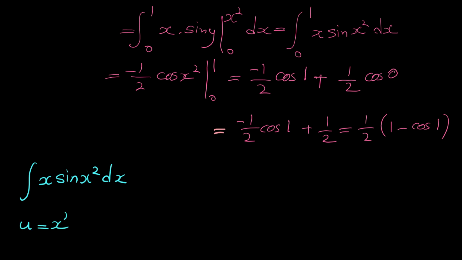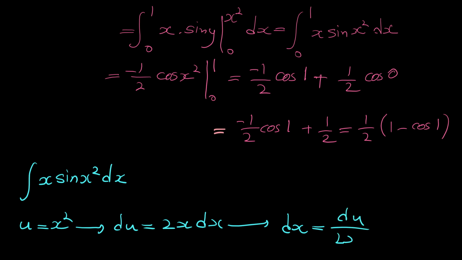If we suppose u as x to the 2, then du is 2x dx, and if we solve this for dx, dx is du over 2x. Now we do the substitution. Leave x and sine of x to the 2, because x to the 2 is u, it is sine of u, and dx is du over 2x.